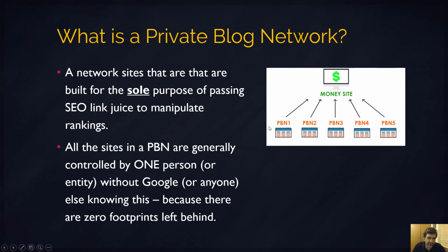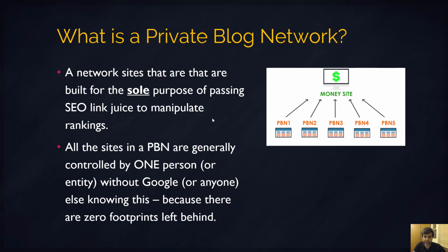There's no footprint for Google to detect that they're all owned and controlled by the same person or the same entity. The key point here is that Google does not know that this collection of sites is all controlled by one person or one entity. And you do that by not leaving any footprints, and that is a very important aspect of building your PBN.